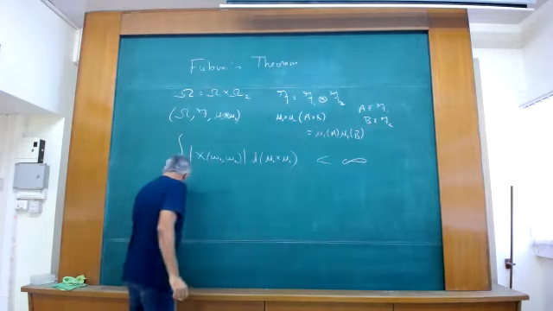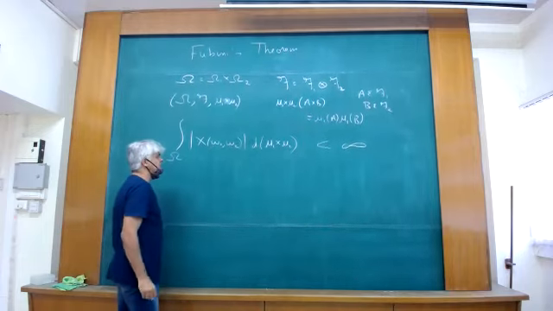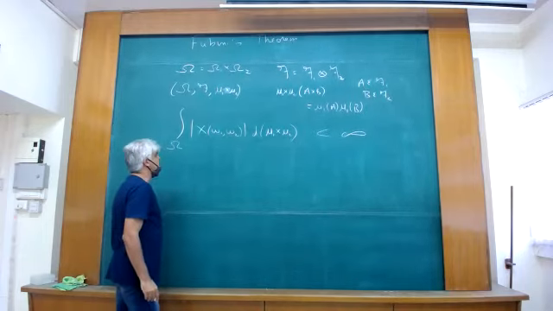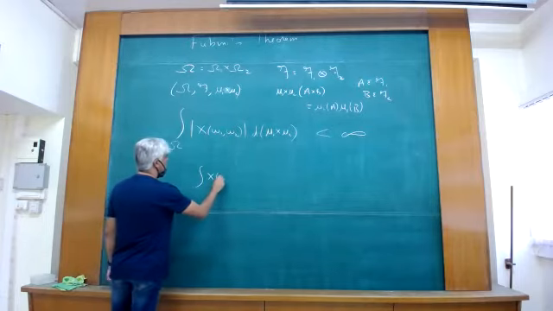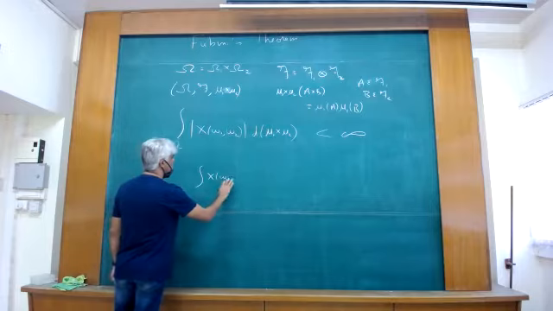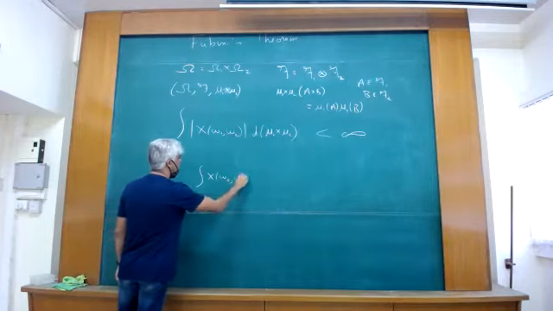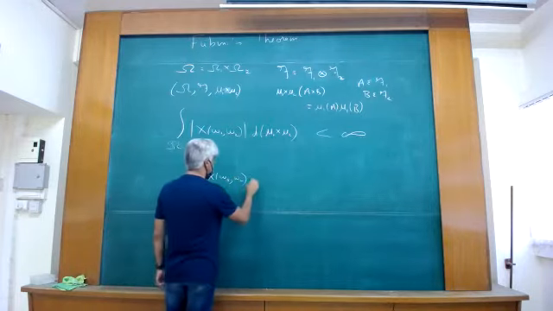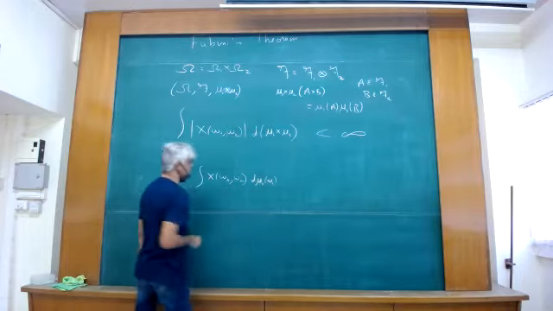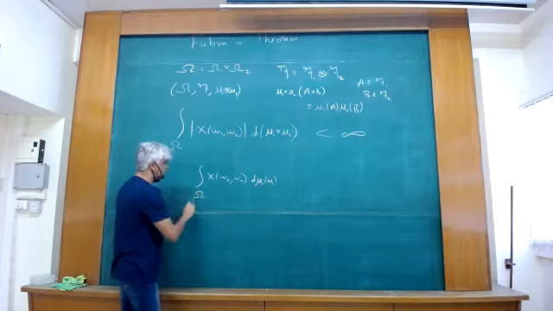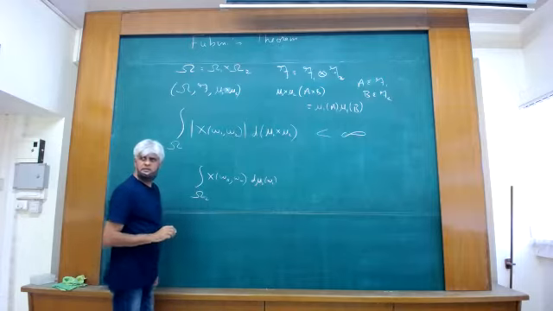And then Fubini's theorem is going to say, if I remember correctly, I'm going to look at these quantities. X of omega 1, omega 2, integrated with d mu1 of omega 1. So my omega 2 is fixed here, and I integrate this over omega 1.